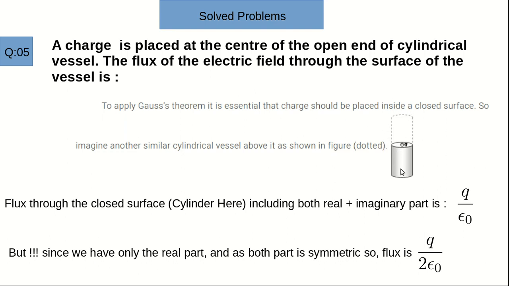So the flux through the total surface will be q by epsilon naught. And as we have only half of it, and it is symmetric about the position of the charge, the flux through this surface will be q by 2 epsilon naught. So this is an example.